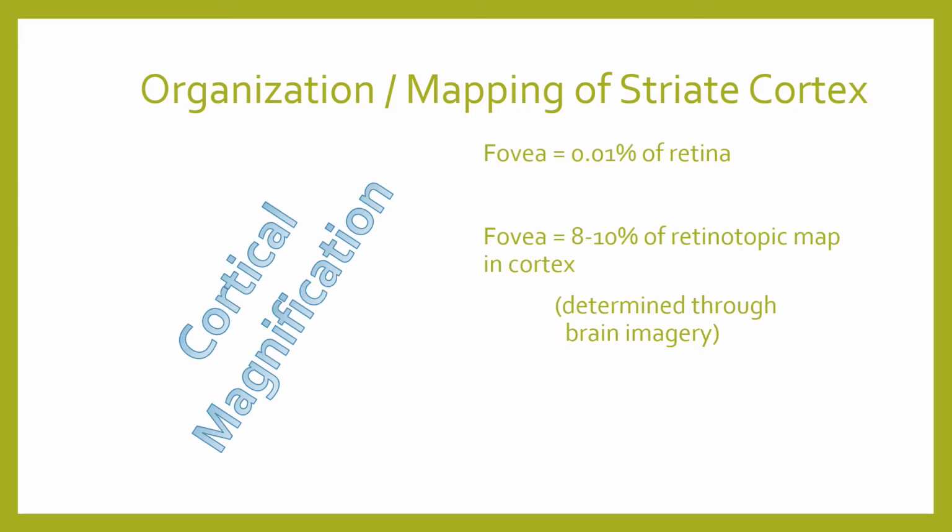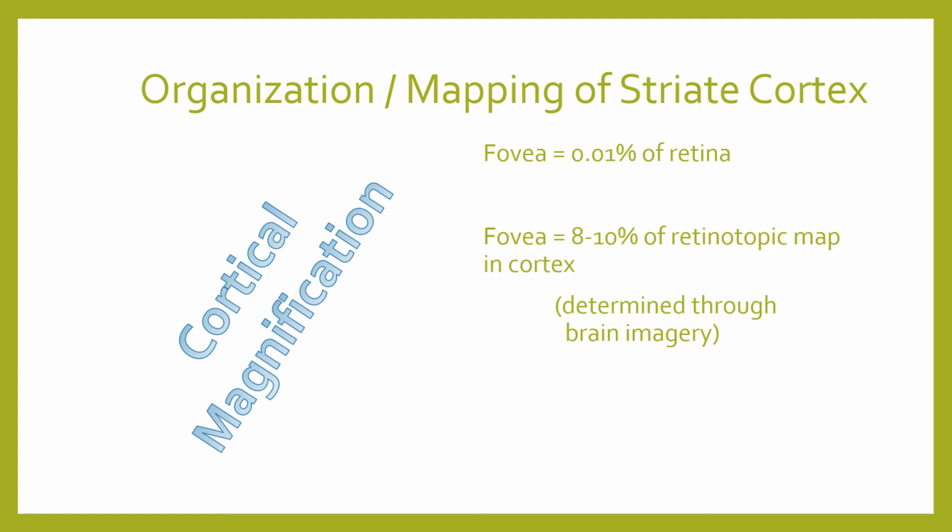Second, we see a cortical magnification. I have these put in this word art so that hopefully it tells you to look here. This cortical magnification is important, that we have our foveal retina. If you remember, we had that direct wiring of the cones, the kind of one-to-one wiring. Well, the fovea is taking up 0.01% of the retina.